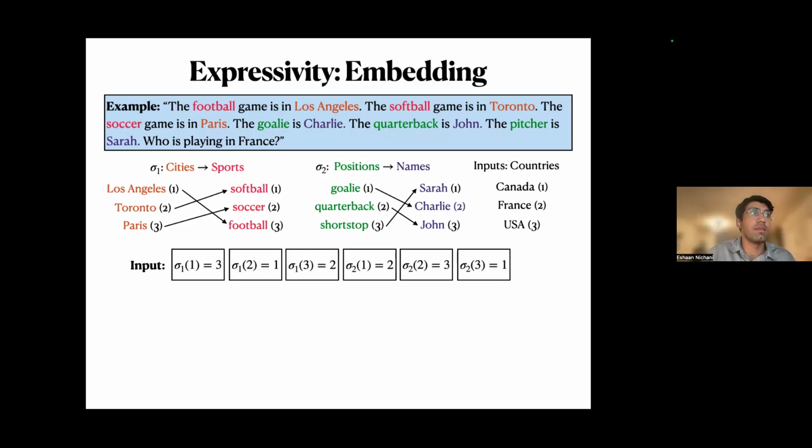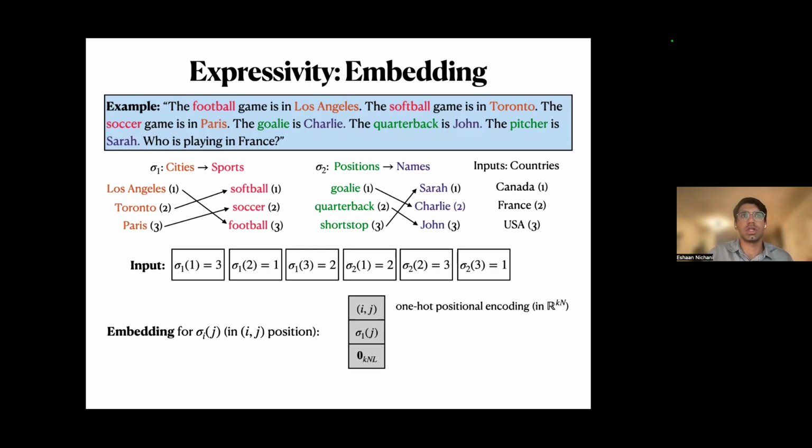First, the embedding is going to do the following. In order to embed the token element sigma i of j, where i is the index of the permutation and j is the element between 1 and n that's being permuted, we're going to encode this element as follows. First, we have a one-hot positional encoding for the element i comma j, in k times n dimensions.